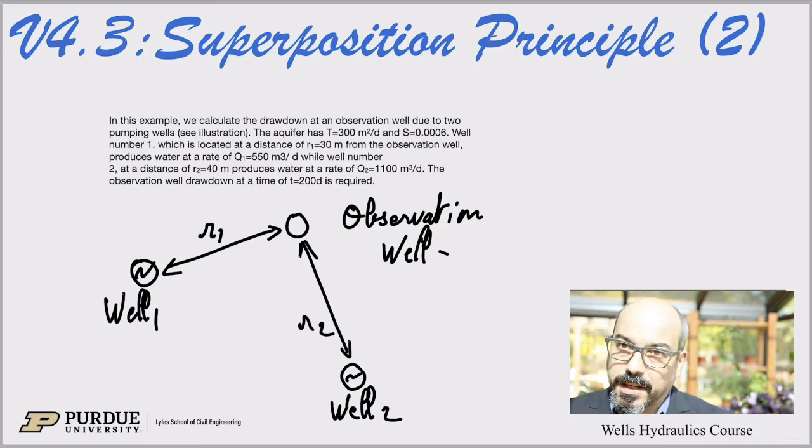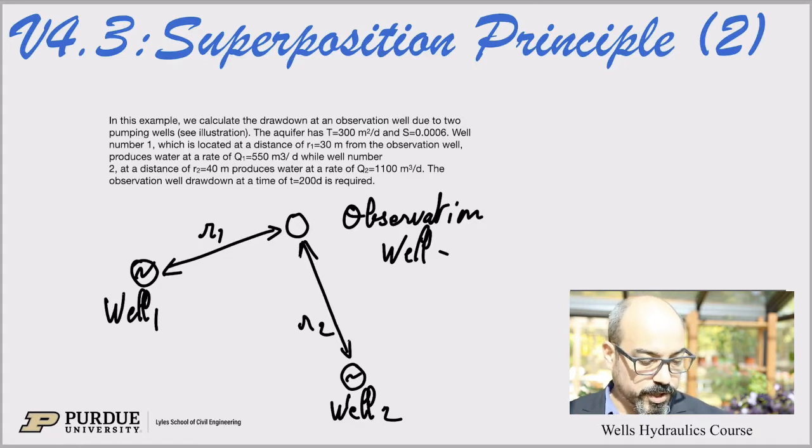Here's the setup. We calculate the drawdown at an observation well due to the pumping in two different wells. The aquifer has a given transmissivity of 300 square meters per day, storativity of 6×10⁻⁴.